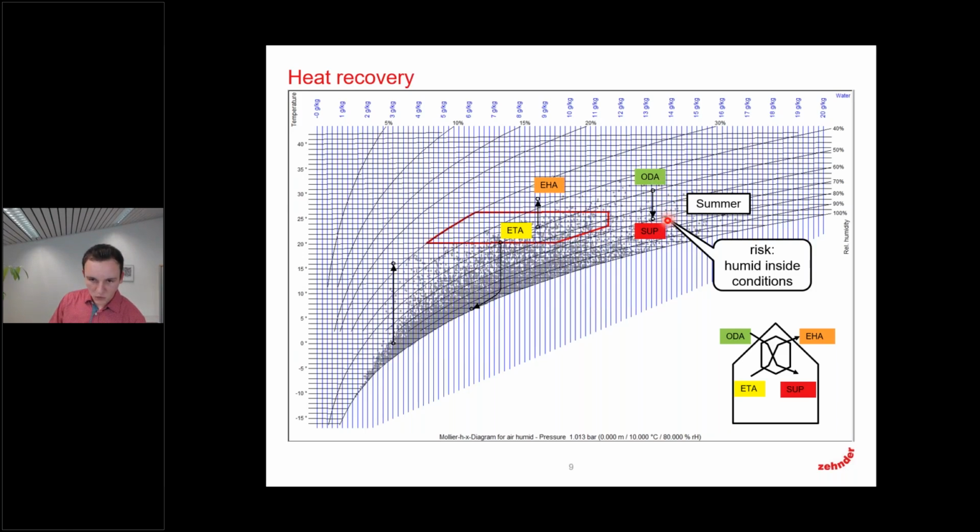So we have 24 degrees and a relative humidity of 70%. This is very humid and not comfortable. We are still not in the comfort zone. If we want to get into the comfort zone, we would need to dehumidify the indoor air.